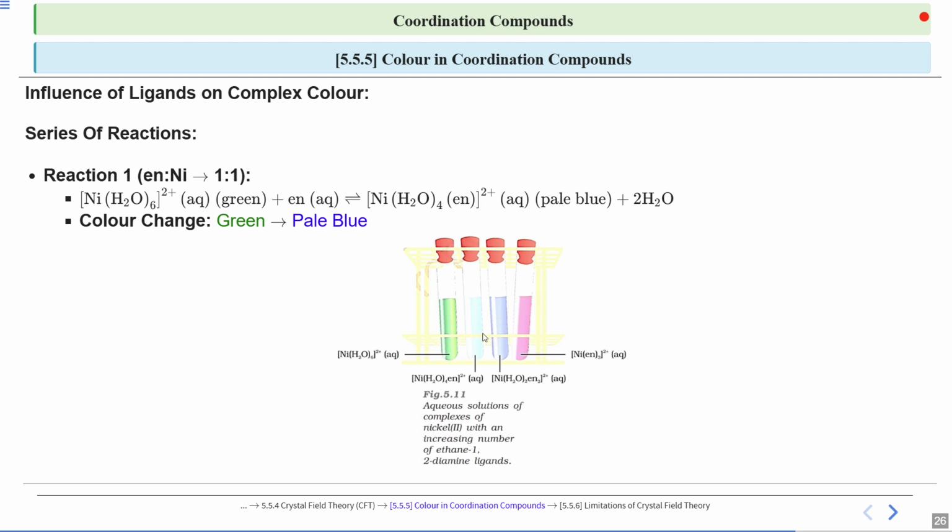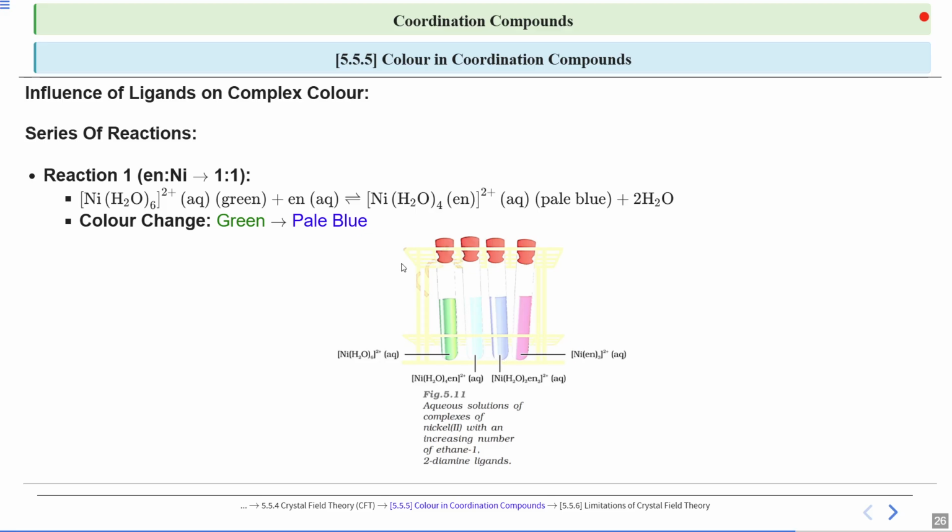If you add one ethane 1,2 diamine, it replaces some of the water molecules already present in the complex, and the color changes to pale blue for nickel H2O(4) En. When you add more ethane 1,2 diamine, the complex becomes nickel H2O(2) En(2), and the color will be blue.